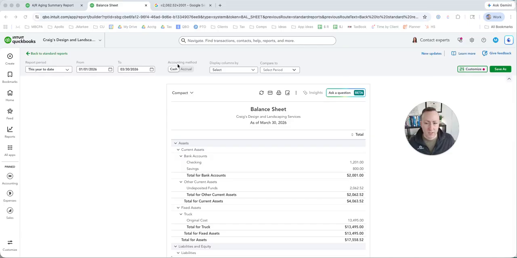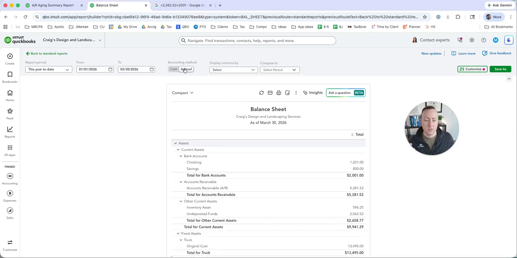So it's really nice that QuickBooks allows us to switch between cash and accrual so easily. But in the world of QuickBooks, really the only difference between these two is turning on and off AR and AP. So when you switch to cash, it turns off AR and AP. And when we switch to accrual, it turns on AR and AP.